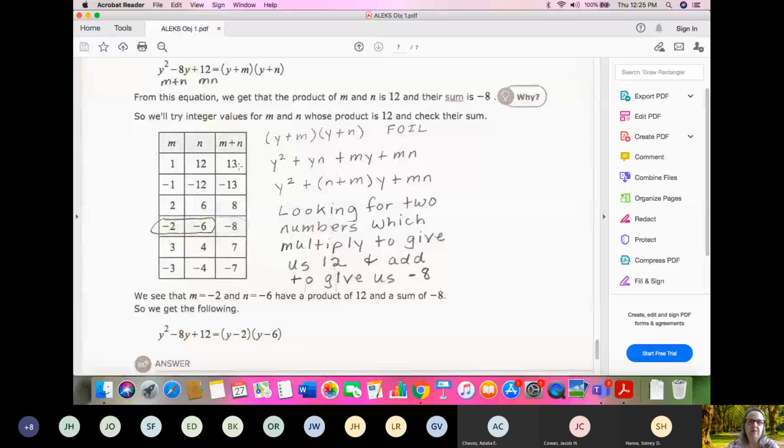This number in the middle is not 13, so we have to go on. All we're doing here is taking these two numbers and putting the opposite signs on them to get -1 and -12. When we add those two together, we get -1 plus -12, that's -13. That's not -8.